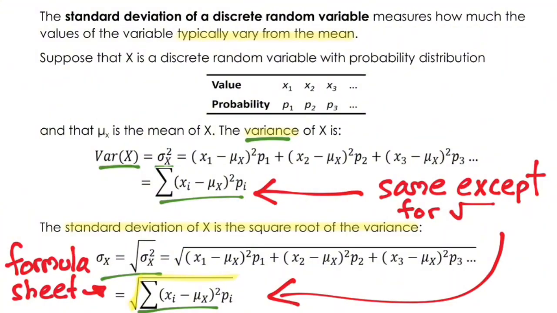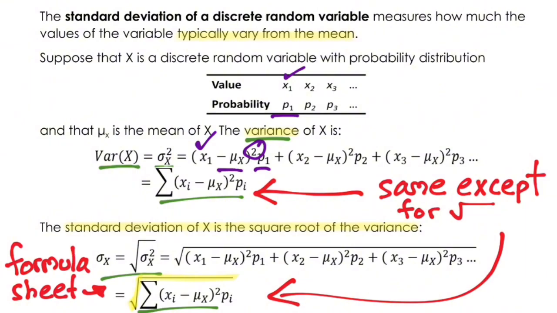The basic flow of this formula, I will describe it once, and then you can allow the calculator to take a lot of the heavy lifting off of you. So the way you calculate the variance is you start by taking your first x value and you subtract the mean from it. That quantity then gets raised to the second power, and then after you raise it to the second power, you multiply it by the first probability.